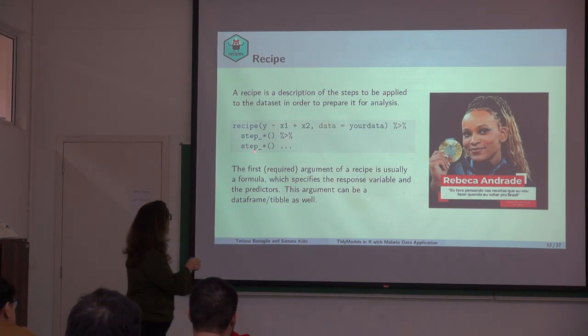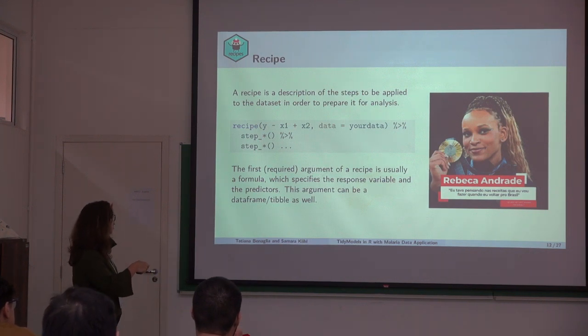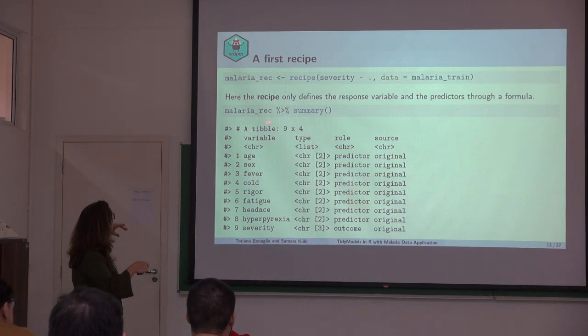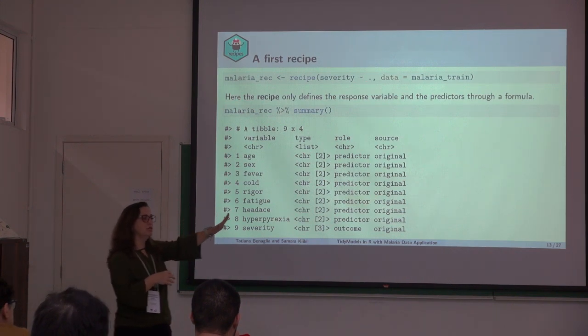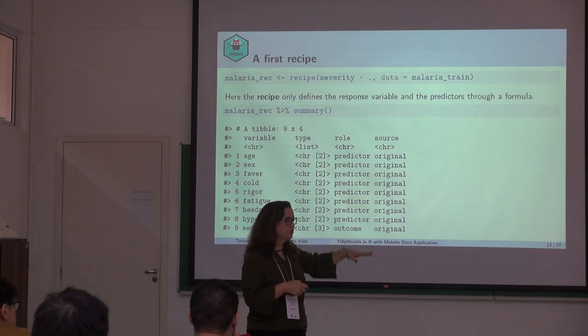And then the steps. I'm going to show you what these steps could be. A simple recipe is just defined on the malaria training data: I say severity, and then everything else in my data set is going to be predictors.